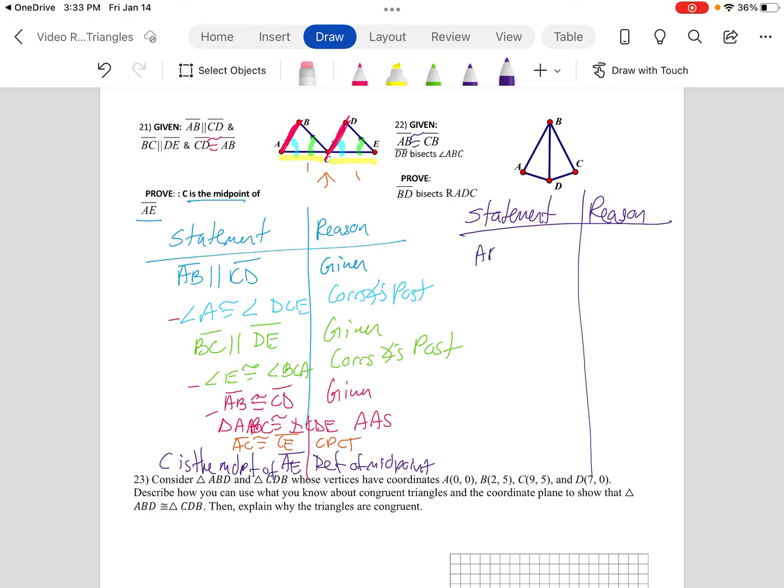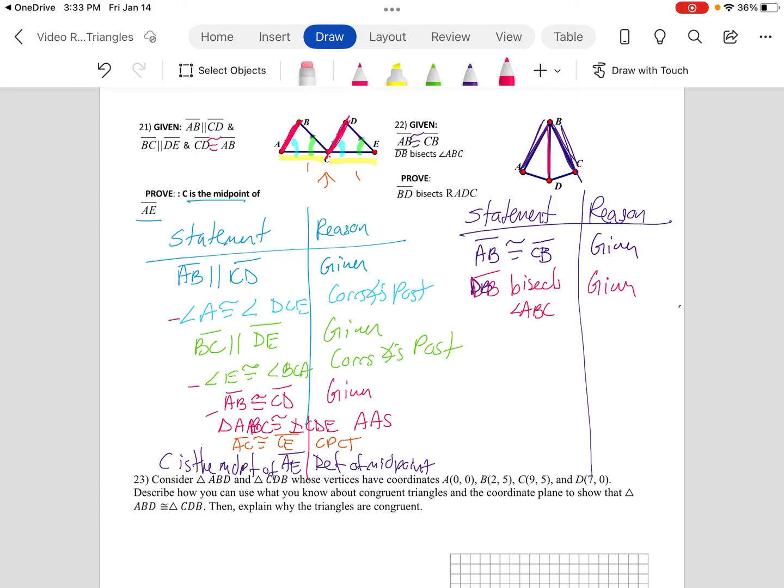So we go through this one. You're given AB is congruent to CB. That's given. And the next thing is you're given DB bisects angle ABC. It's also given.